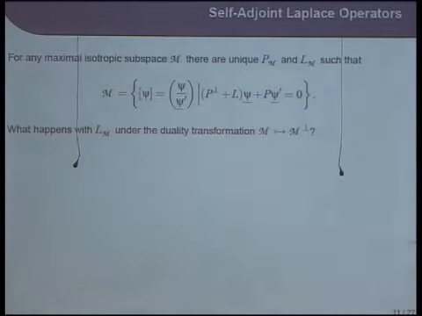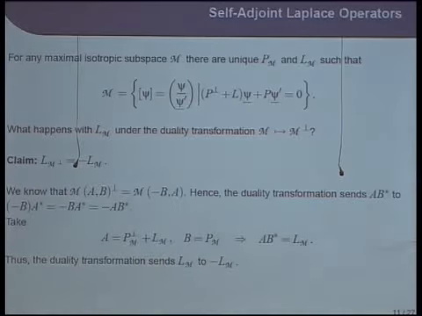So the next question: what happens with L under the duality transformation? If we transform M to M orthogonal, what is the corresponding transformation for L? The answer: L will get a minus sign. How to see it?